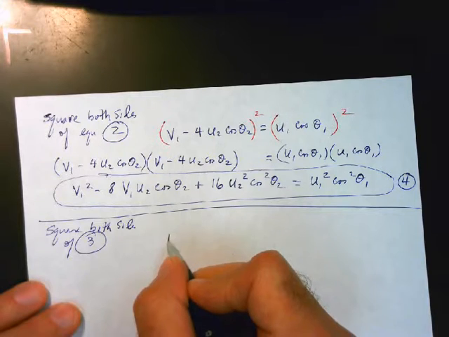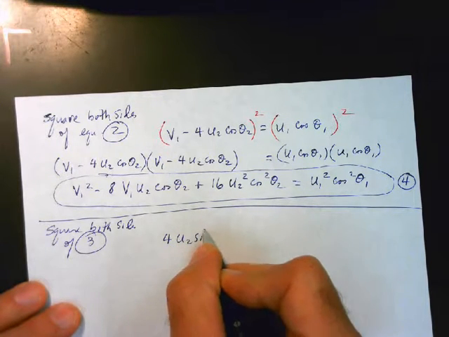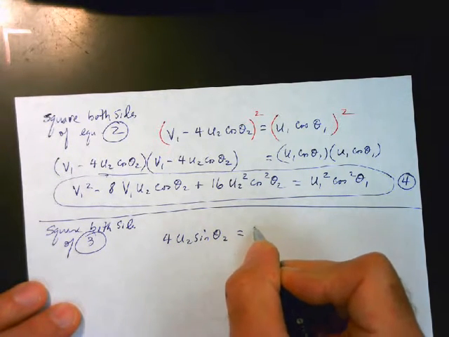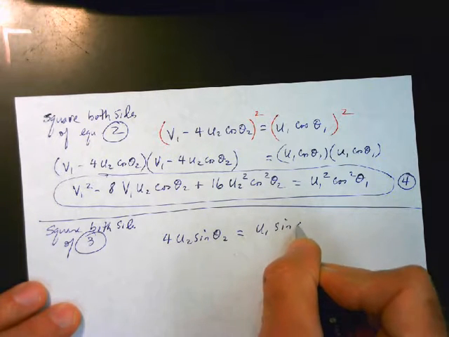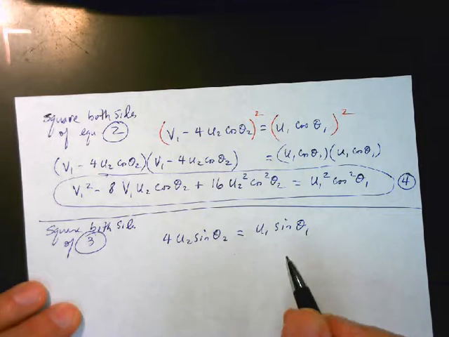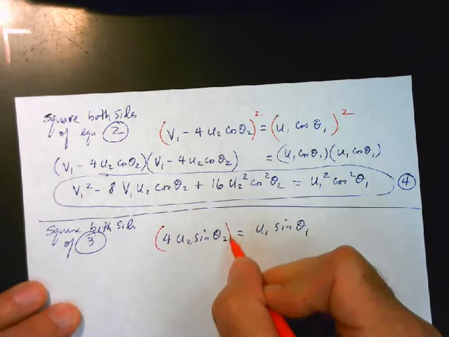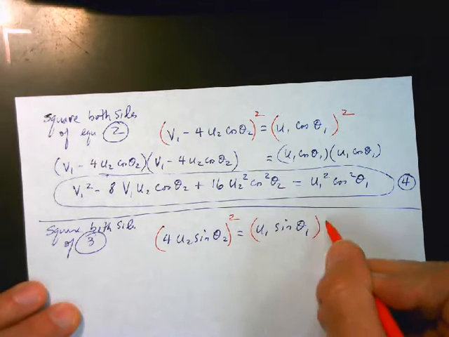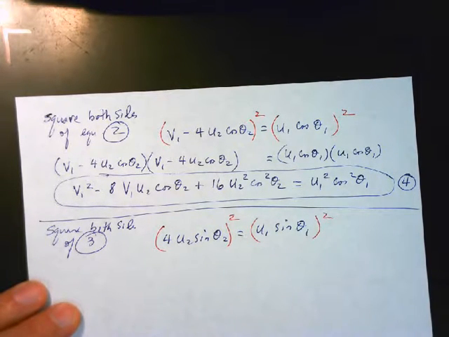We have 4U2 sine theta 2 equals U1 sine theta 1. That just came from the conservation of momentum in the y direction. So now let's square both sides. I'll just highlight that in red.